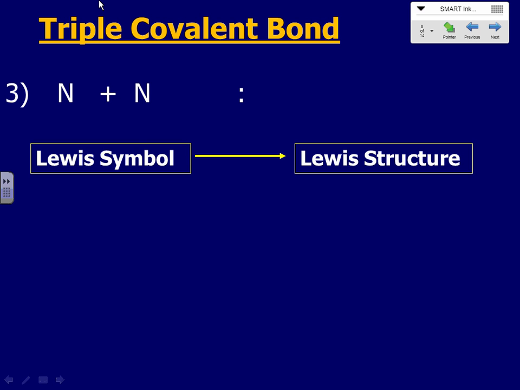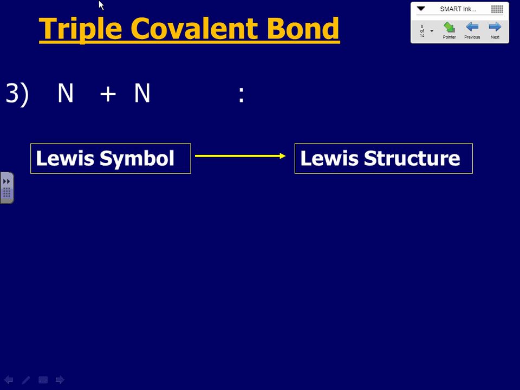Triple covalent bond. Again, don't write Lewis structure, Lewis symbol. If you're starting to get the handle of it, hopefully you've got pencils out and you're starting to put some dots around.